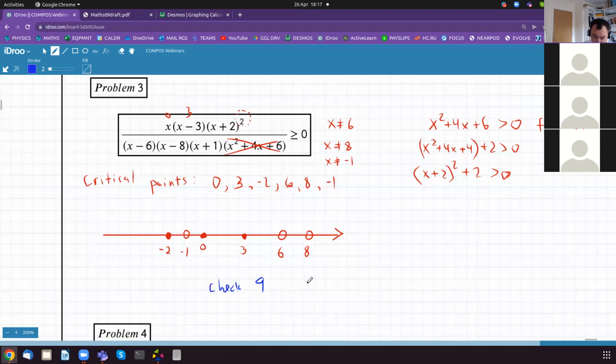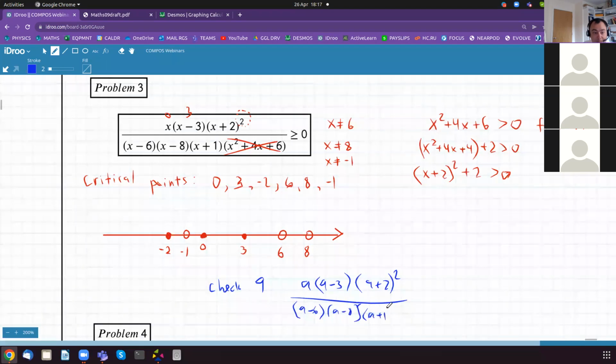It's going to be 9 minus 3, 9 plus 2 squared over 9 minus 6, 9 minus 8, 9 plus 1, and everything is positive. So on this interval, the function is positive.